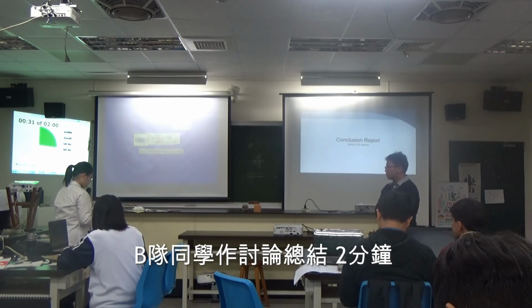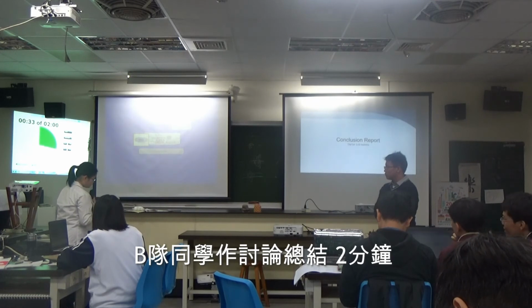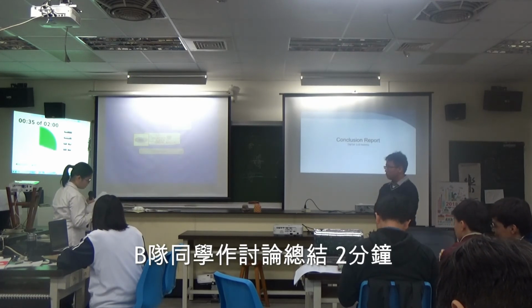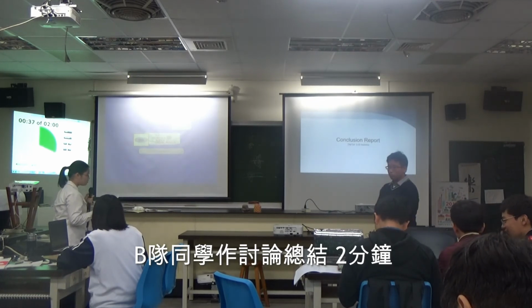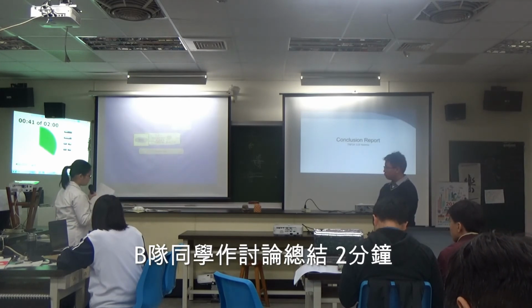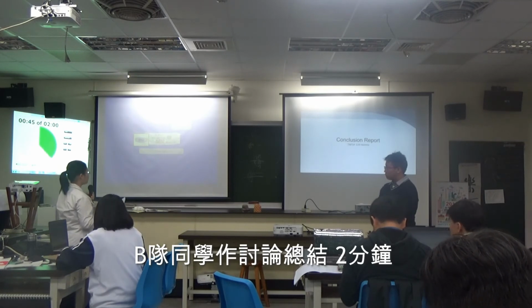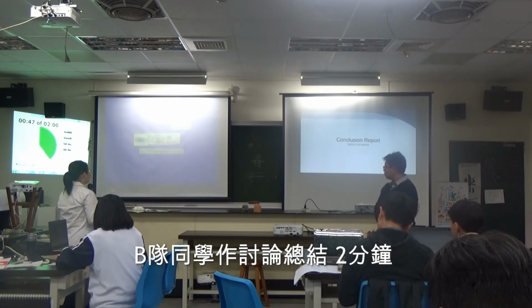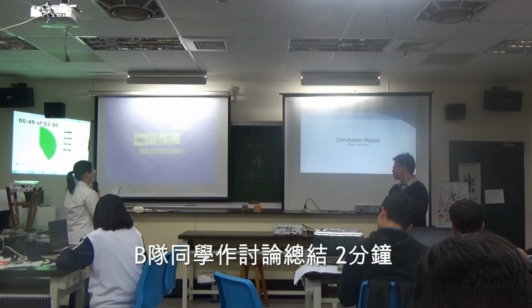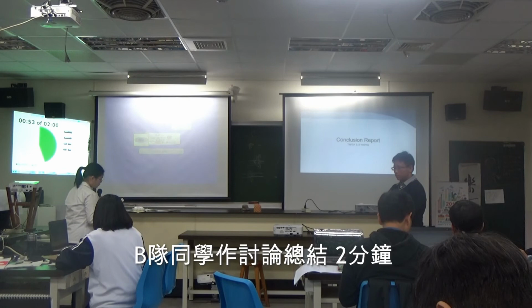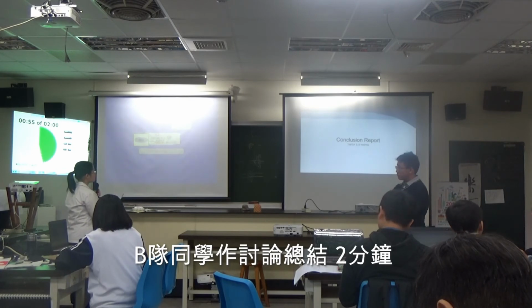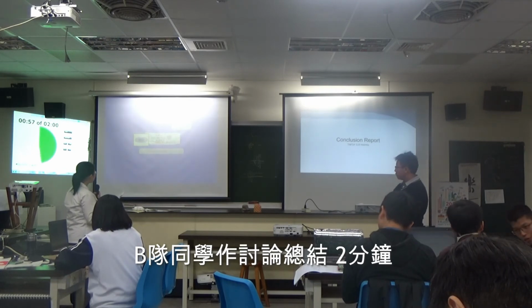So I think that the reporter's definition is different from the problem statement, and he used omega to explain his experiment. But I think kinetic friction and static friction are also as important as omega. So I think the reporter can investigate it further.